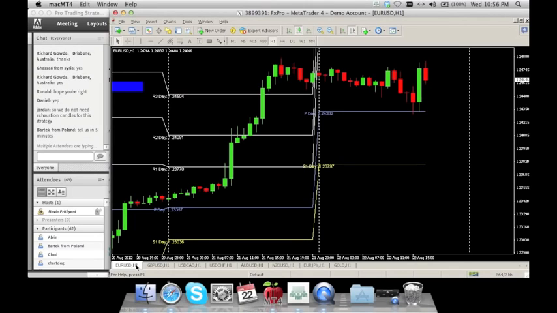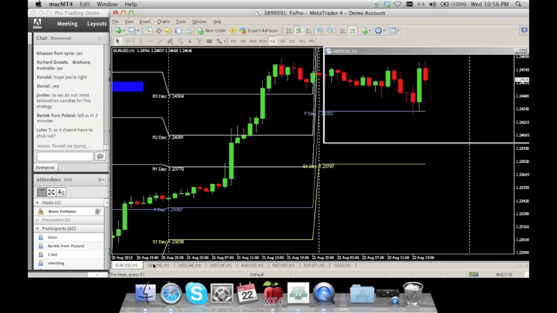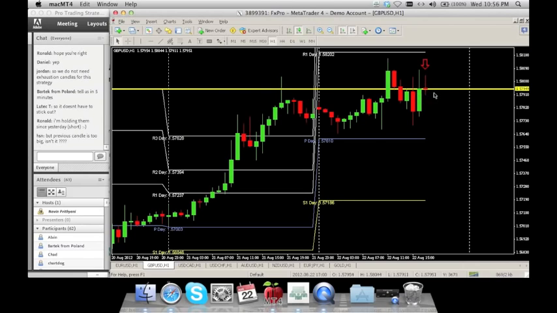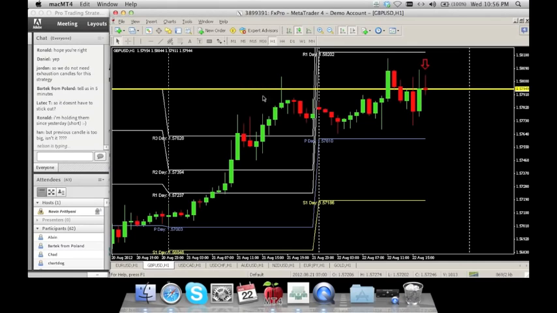Jordan, so we do not need exhaustion candles for this strategy? Oh, yes we do. Yes we do. What we have here is what we call an exhaustion candle lookalike. If it properly forms like an exhaustion, we know a couple things. One, this area here is quite strong. It's holding in the market for quite some time.